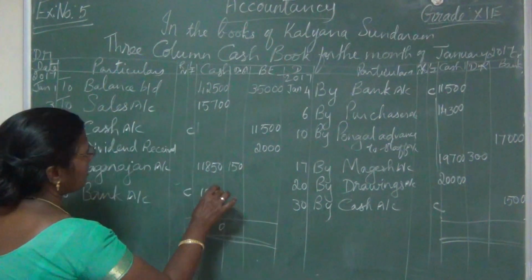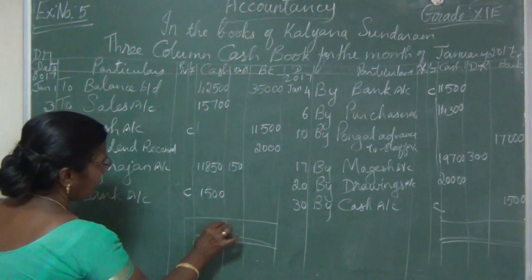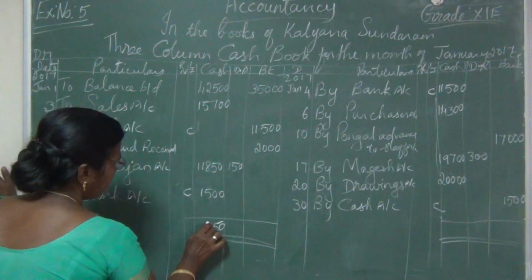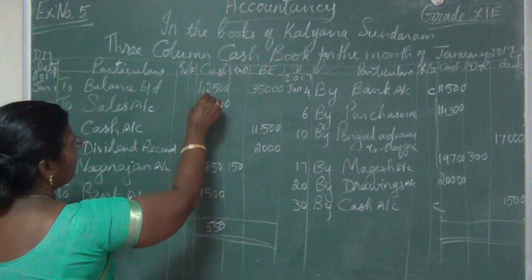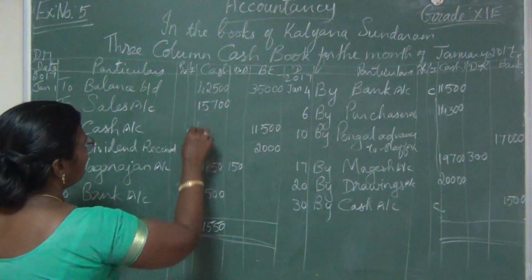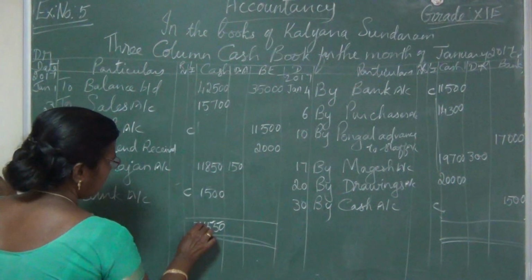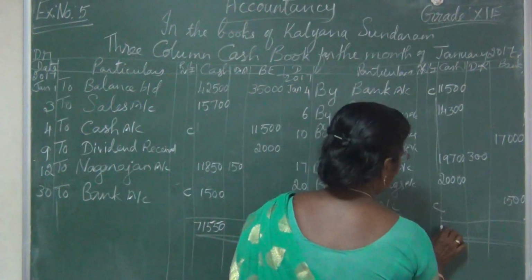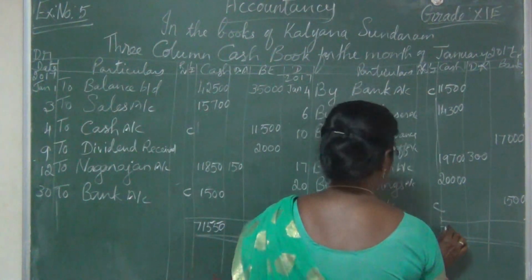Okay, first 0, 5, 13, 25, balance 2, 4, 9, 10, 11, balance 1, 2, 3, 7, 70, 1,550. Write the same amount here, 71,550.